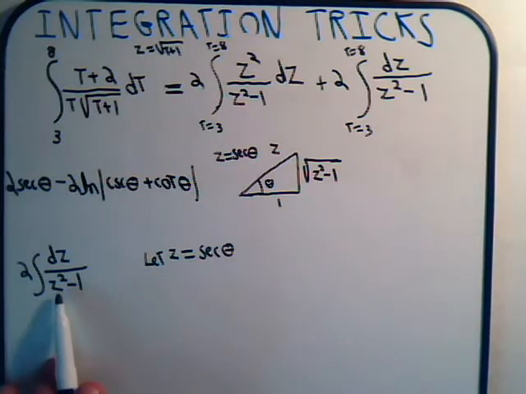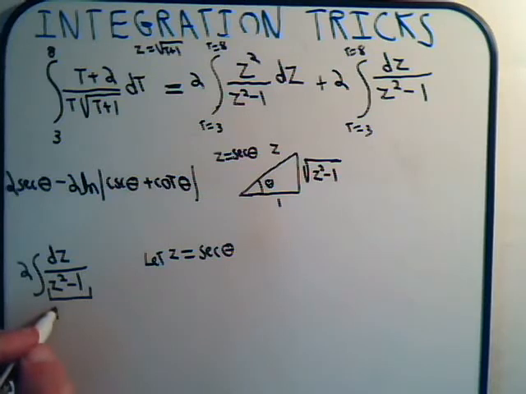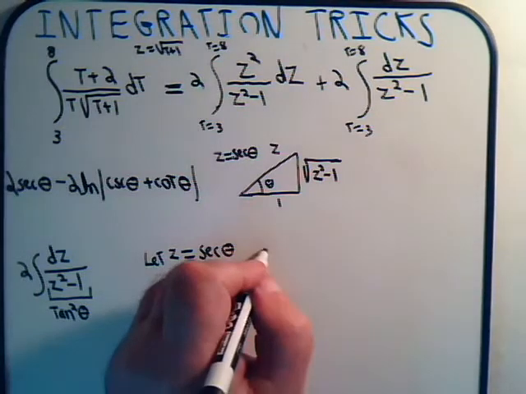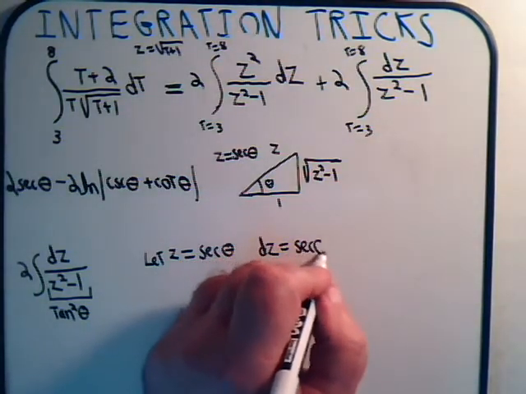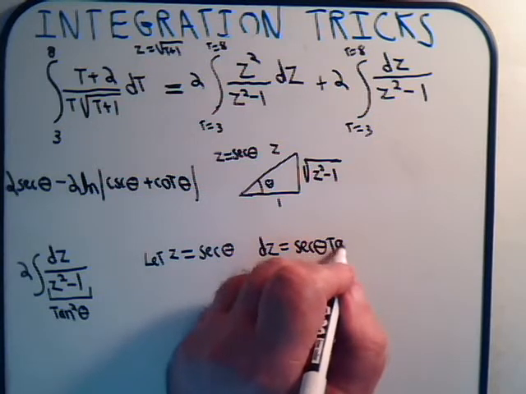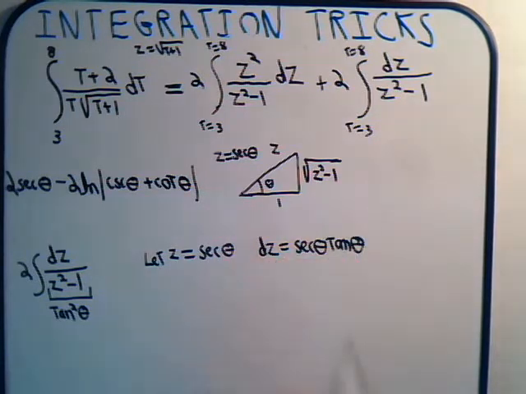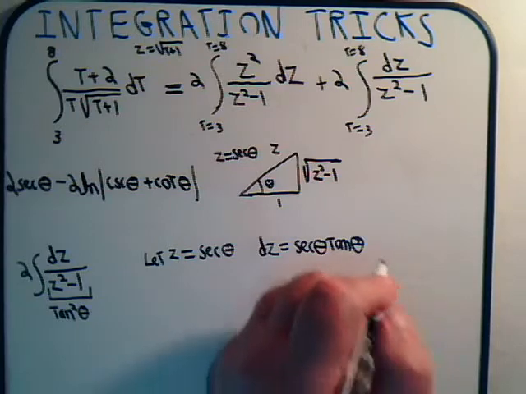So z squared minus 1 would be the secant squared theta minus 1, or this is tangent squared of theta, and dz, that is the secant of theta times the tangent of theta d theta.